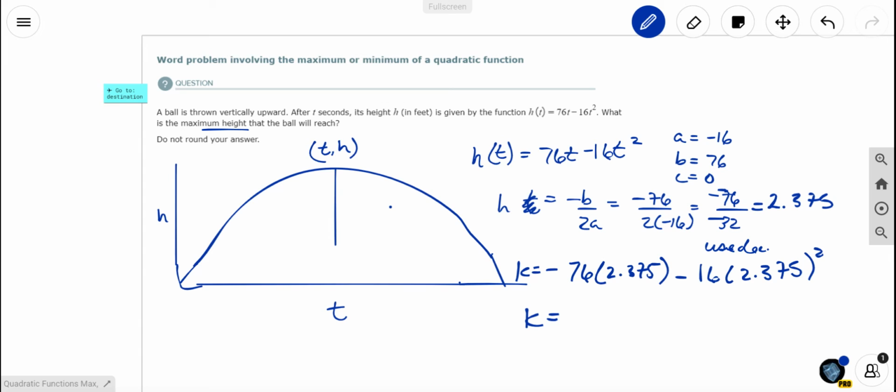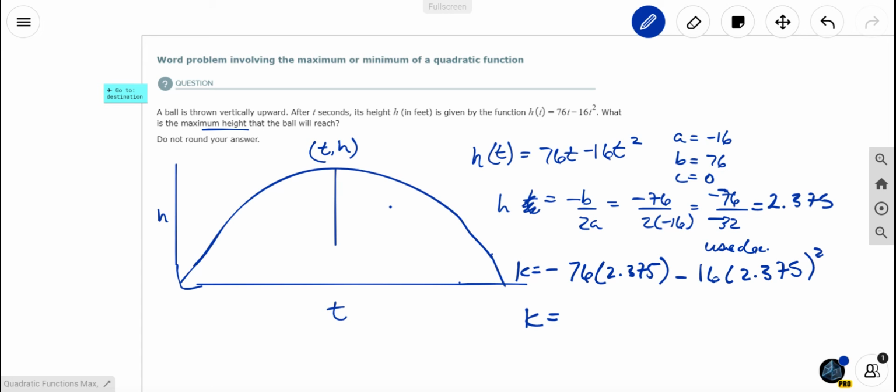Hang on a minute. a is negative 16, just checking. That's going to be negative and that's going to be negative, and that doesn't make any sense. It needs to be positive. What did I do wrong?